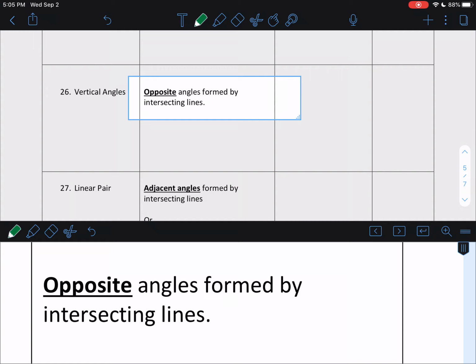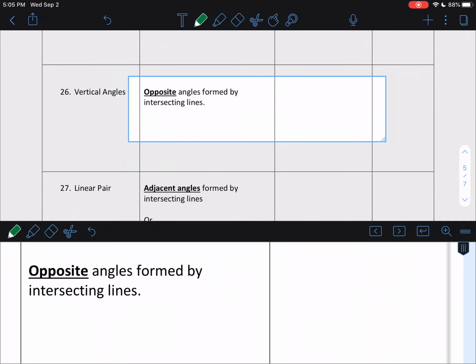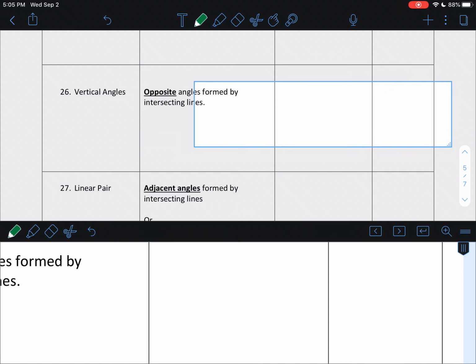Okay, vertical angles are angles formed, or opposite angles formed by intersecting lines. So what I'm going to do is I'm going to draw two lines. So there's a line, and there's a line.